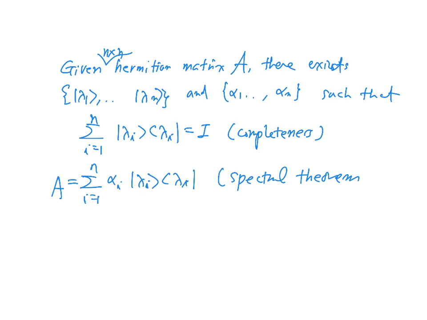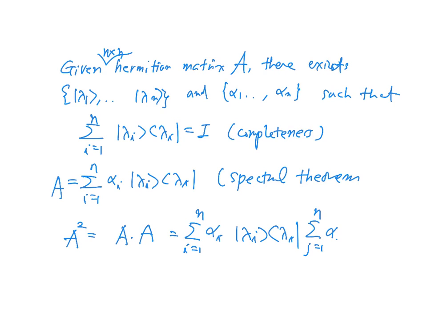We can calculate A squared, say A times A, using the spectral theorem, with alpha i and alpha j.